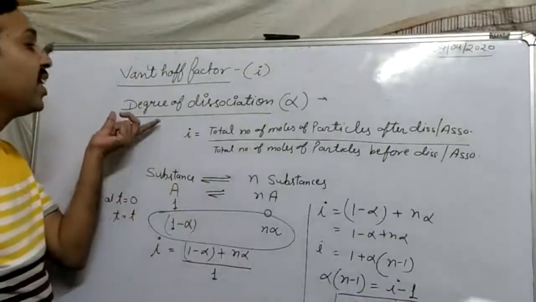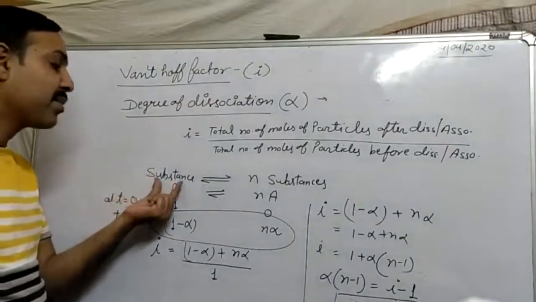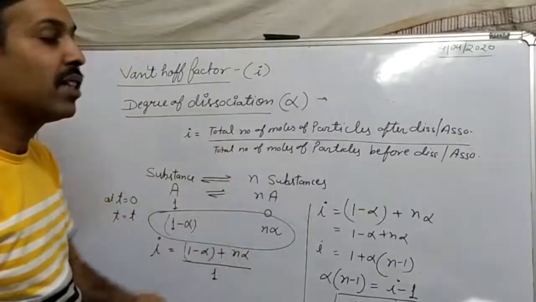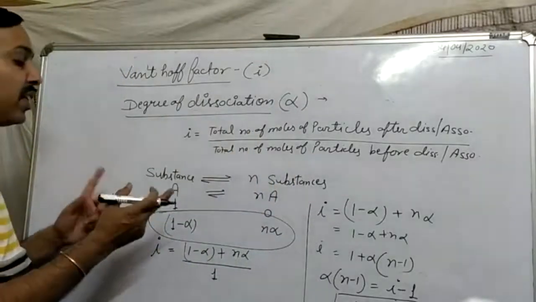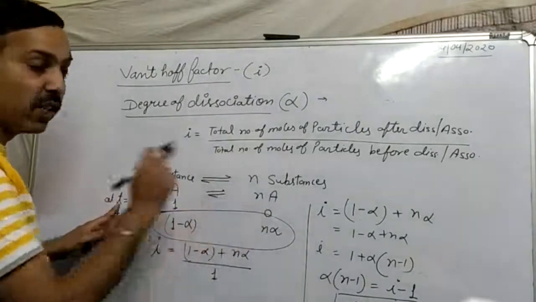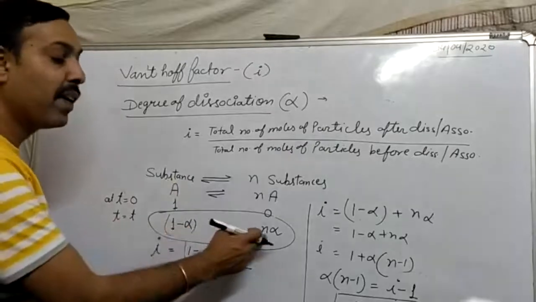This is the degree of dissociation when any ionic substance is dissociated into n moles of the substance. So here we take 1 at time t 0, it is 0. At time t it is dissociated alpha, so it forms n alpha.